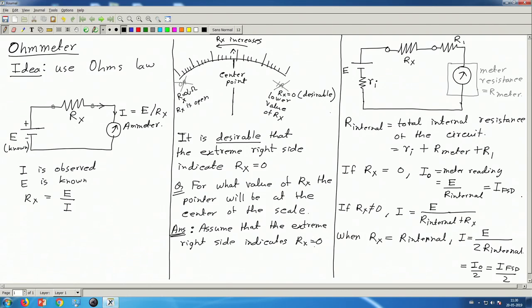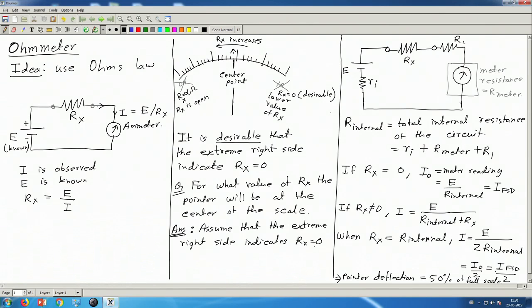That means when Rx is equal to R internal, the current that will flow through the meter is half of the full scale deflection current, which means the pointer deflection will be 50% of full scale.